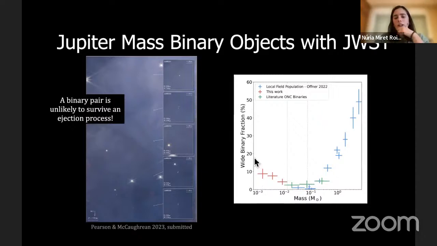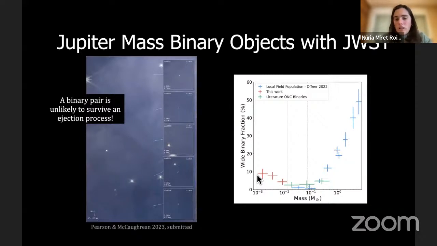So I think here the limit they had is around 1 Jupiter mass. If I remember correctly, this is the lightest object that they could find. However, I would say it will be really interesting to see what microlensing studies have to say here, and also what studies in other regions have to say.